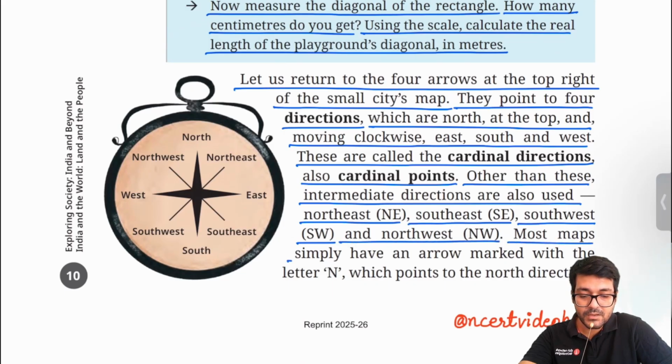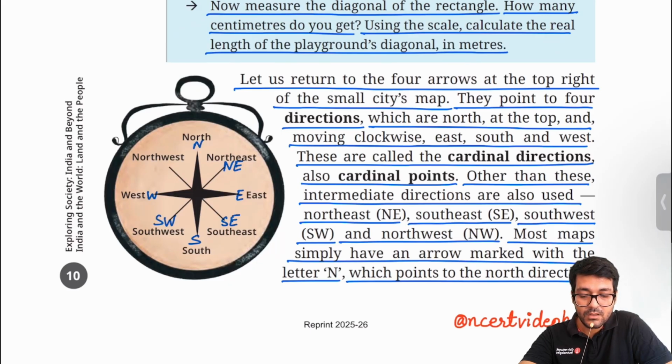Most maps simply have an arrow marked with the letter N, which points to the north direction. N stands for north, E for east, S for south, W for west. These are cardinal directions. Intermediate directions are also there, such as northeast NE, southeast SE, southwest SW, northwest NW.